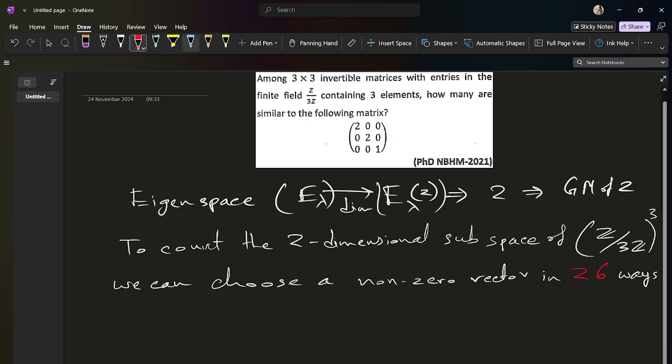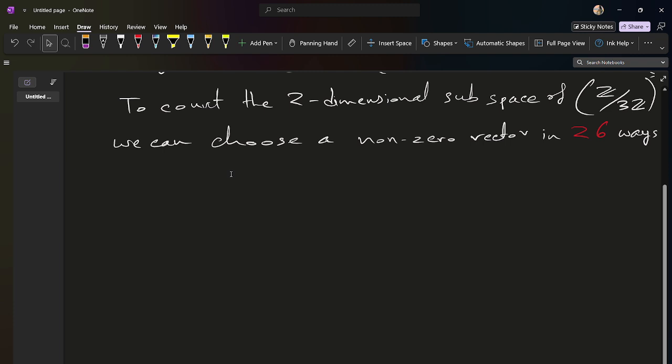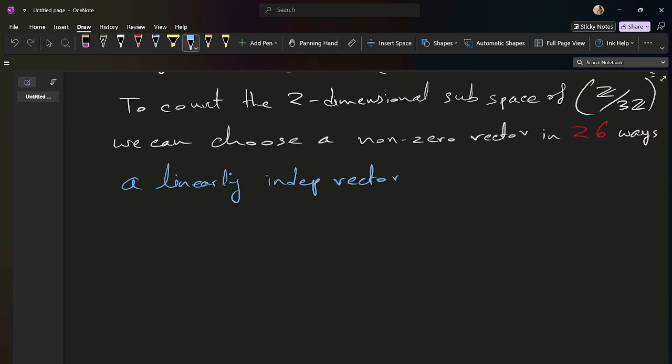Then after that, we can choose another linearly independent vector in 24 ways.